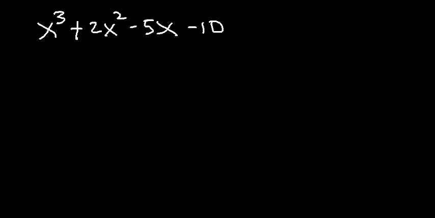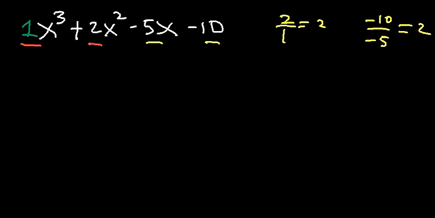But here's something you need to know. Notice that the first two coefficients, 1 and 2, has the same ratio as -5 and -10. 2 divided by 1 is 2. -10 divided by -5 is 2. When the first two coefficients have the same ratio as the last two coefficients, you can therefore factor by grouping. If the ratio is not the same, it won't work.